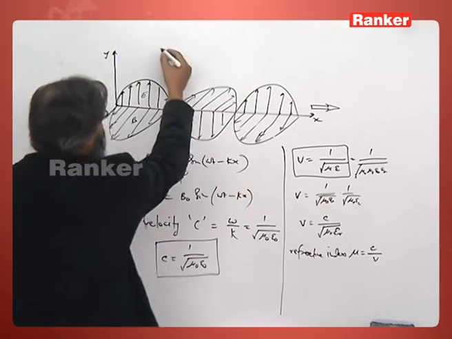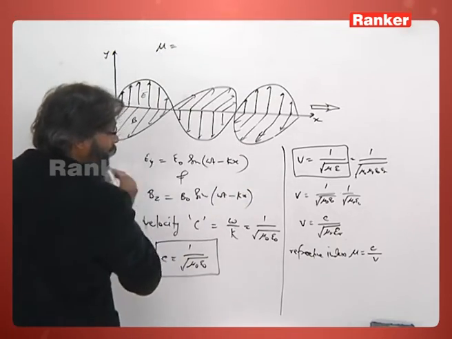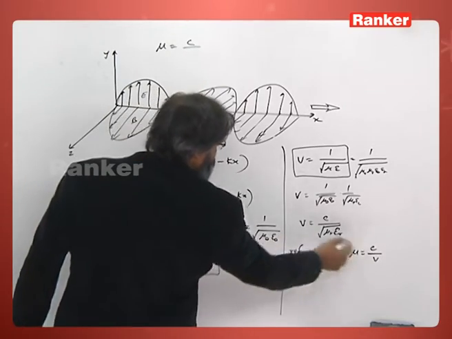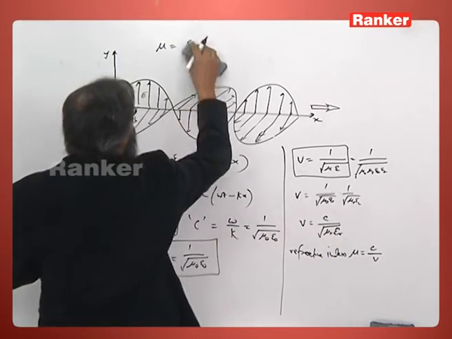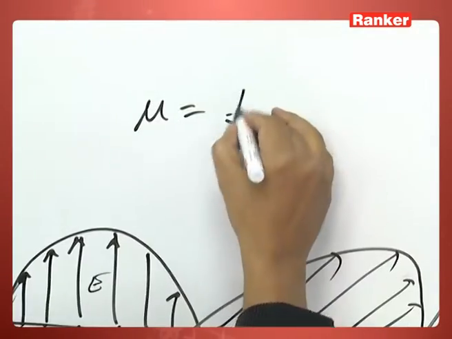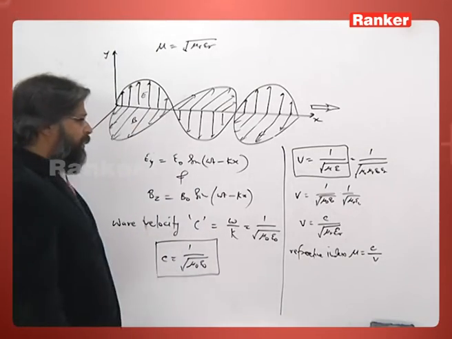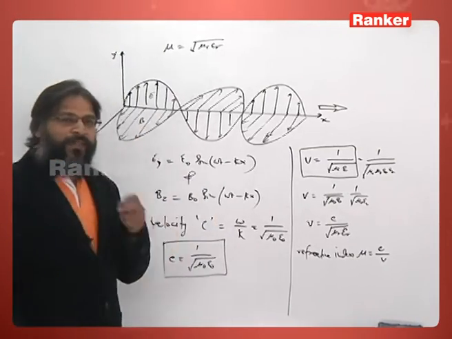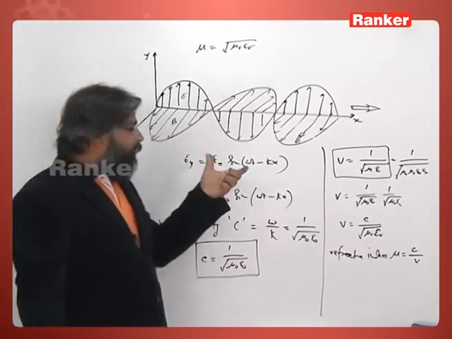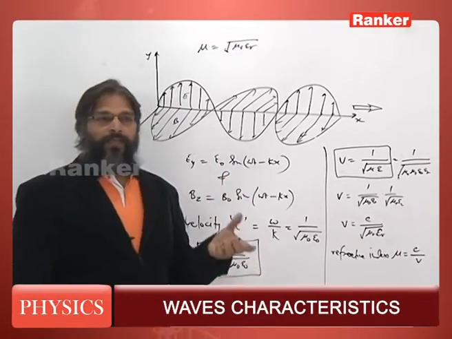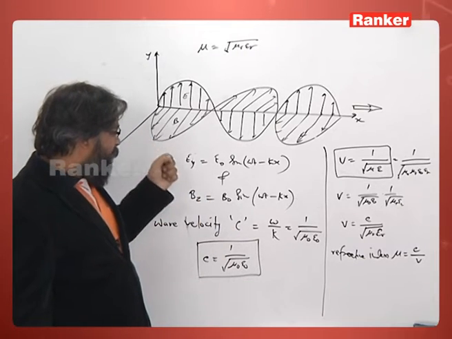So, the refractive index mu also comes out to be C by V, that is root over mu r epsilon r. In this way, Maxwell was able to unite electricity with magnetism.